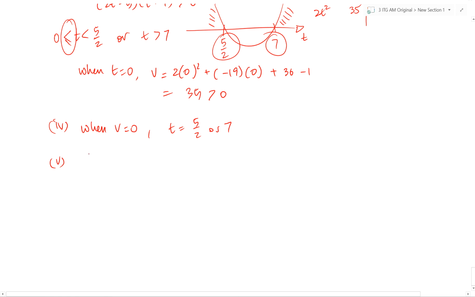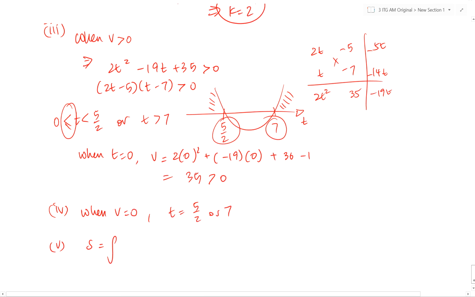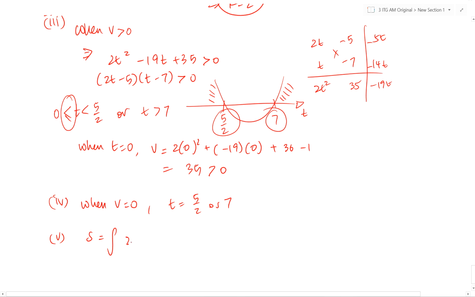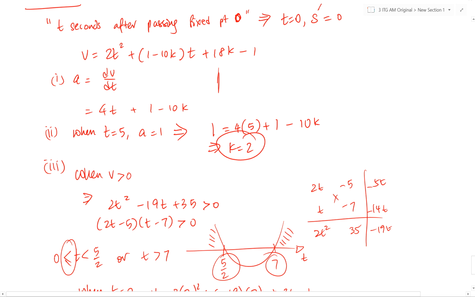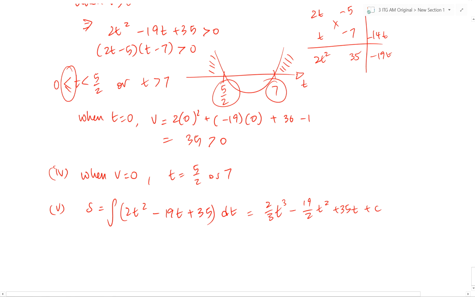Expression for displacement. Yep, integrate our velocity. Two t squared minus 19t plus 35 dt. And we also know that when t equals to 0, s equals to 0.